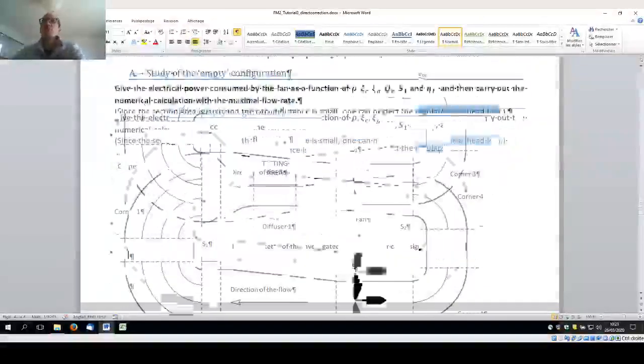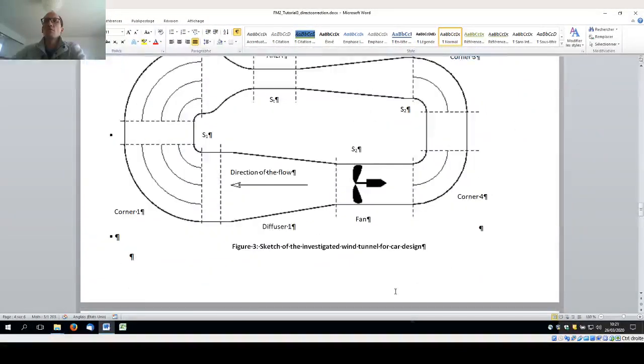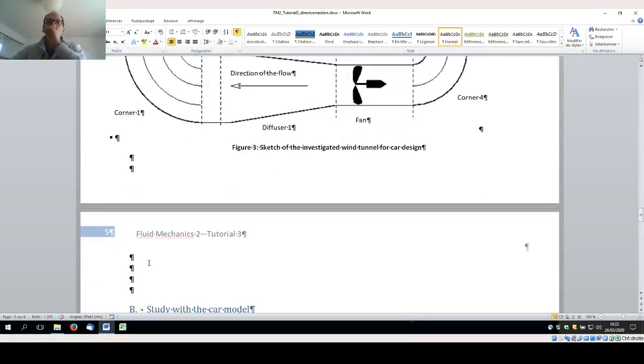Okay, so maybe we can start to have a look at this. We need an evaluation of the power of the fan to be installed in the wind tunnel.